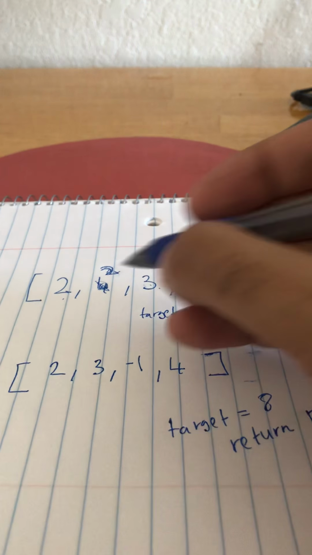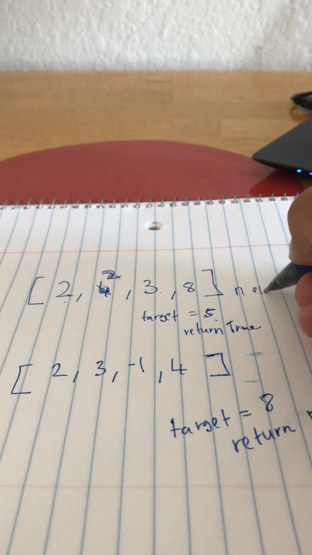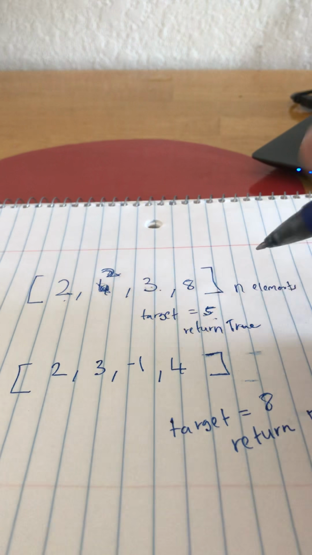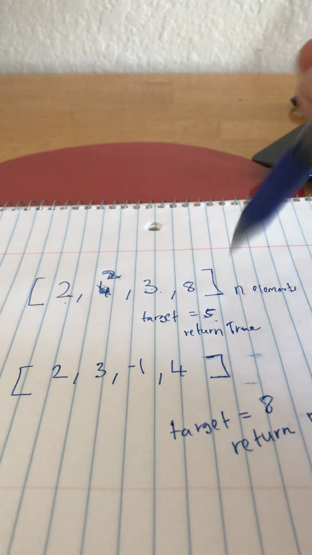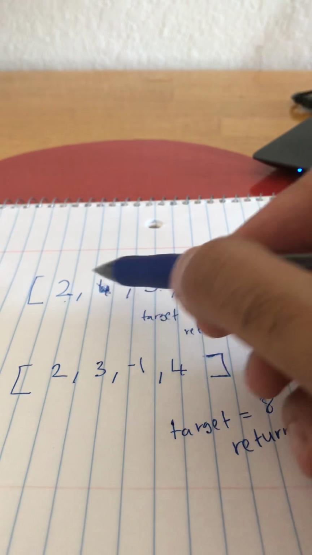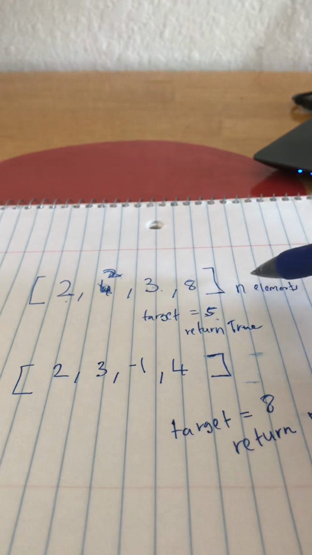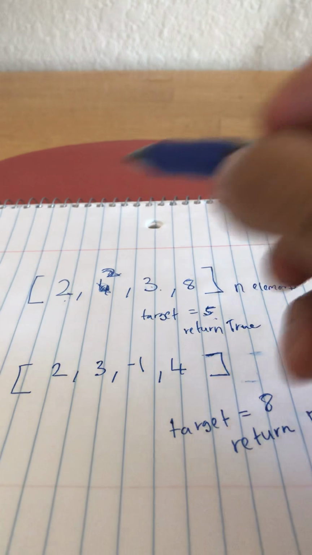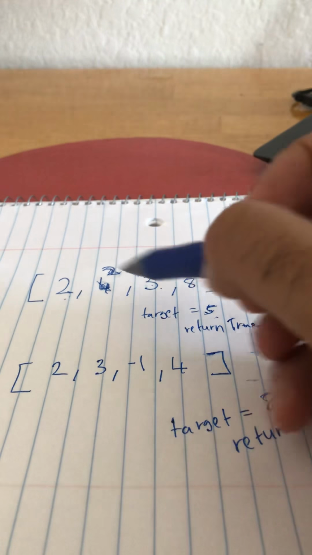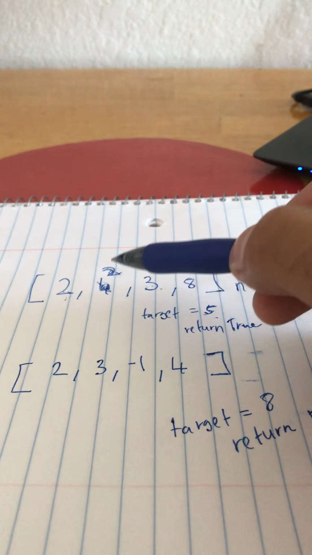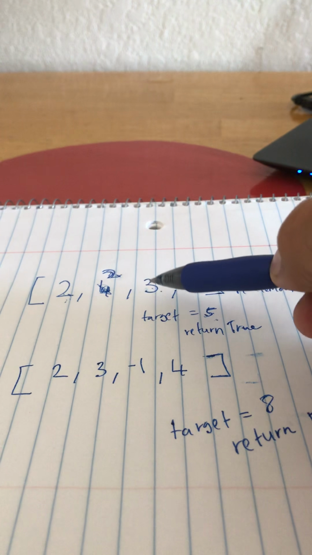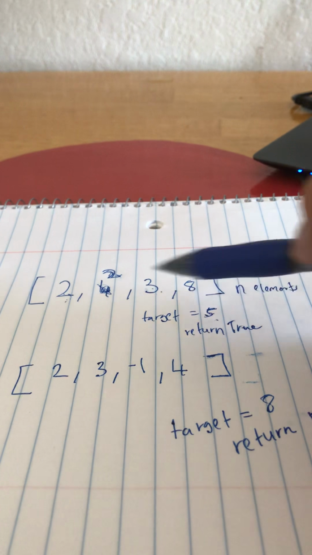If you have n elements in your array, the runtime would be O of n squared, because you're taking each element and doing essentially n-1 operations to do the checking. So you would do n-1 checks for this 2, n-1 for this 2, for this 3, this 8, and so on and so forth.